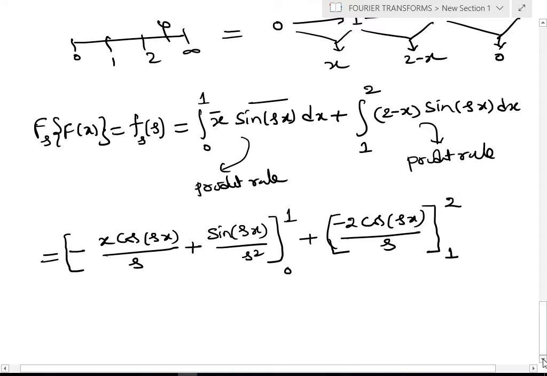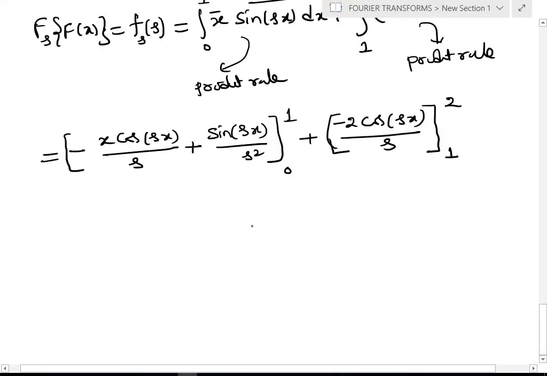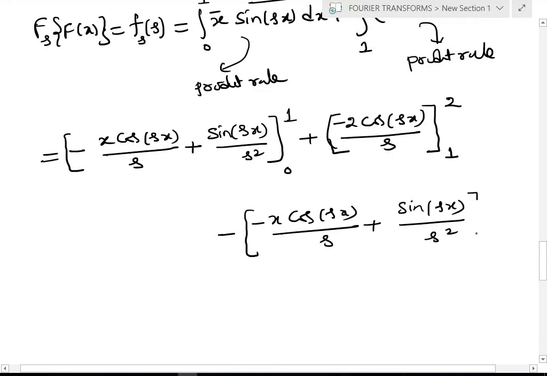Then minus the integral of x sin sx, and again the same product rule gives minus of minus x cos of sx divided by s plus sin of sx divided by s square, with limits from 1 to 2. Okay, these will be the terms.